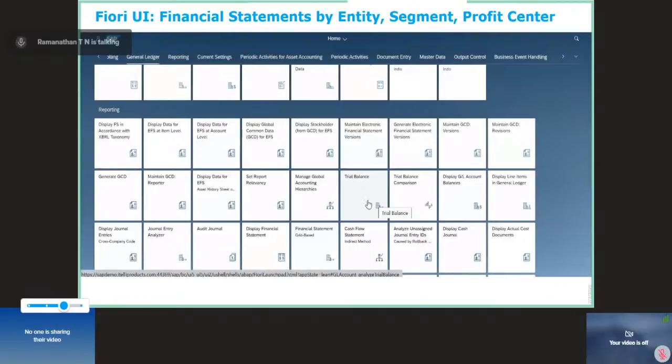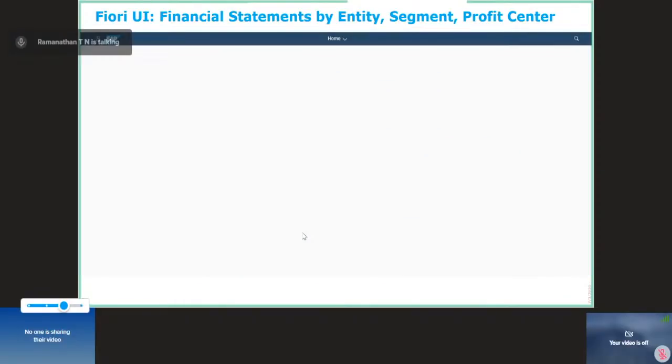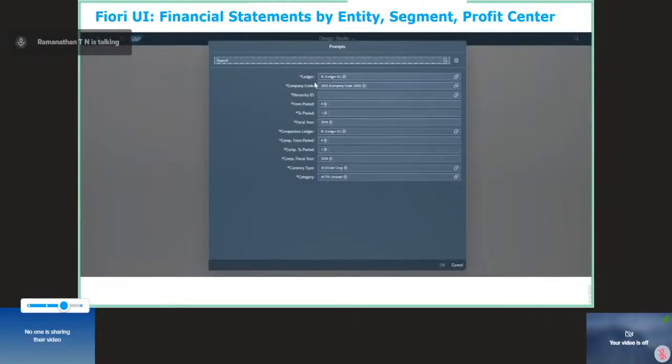So this is something you would experience when I get into the financial statements. So let me just share that. So here is something like that: zero, which is the ledger, right? The ledger is how you meet multiple GAAP reporting requirements. Company code is the legal entity you report on.